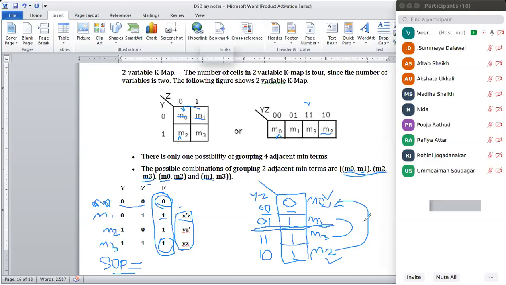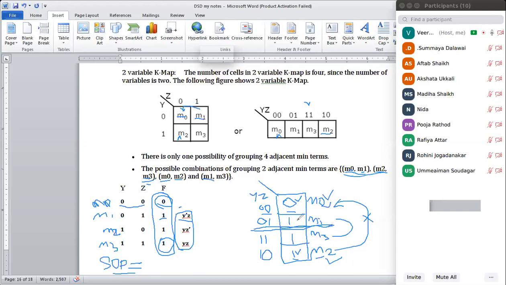So I will not go for this adjacent group, because M0 is having 0 and M2 is having 1. I will not consider this because of the different values.